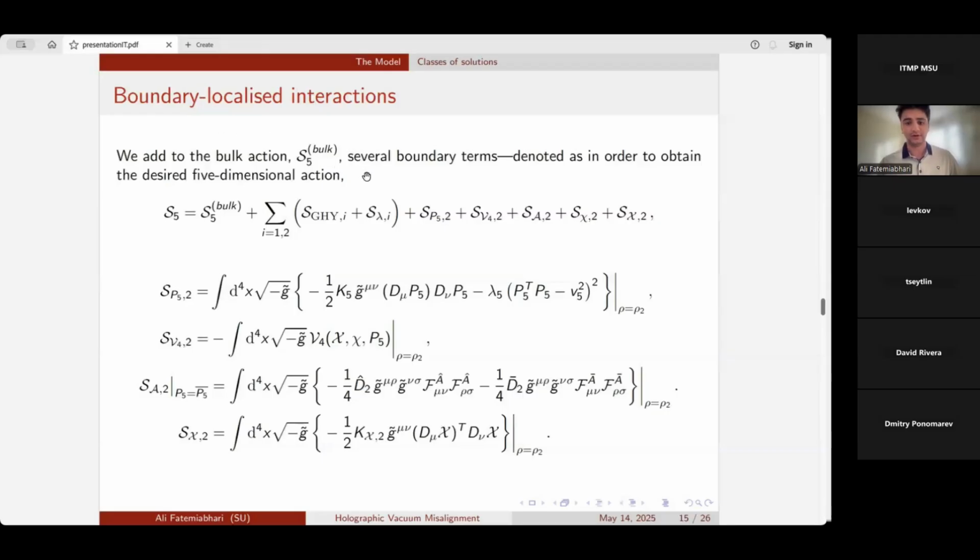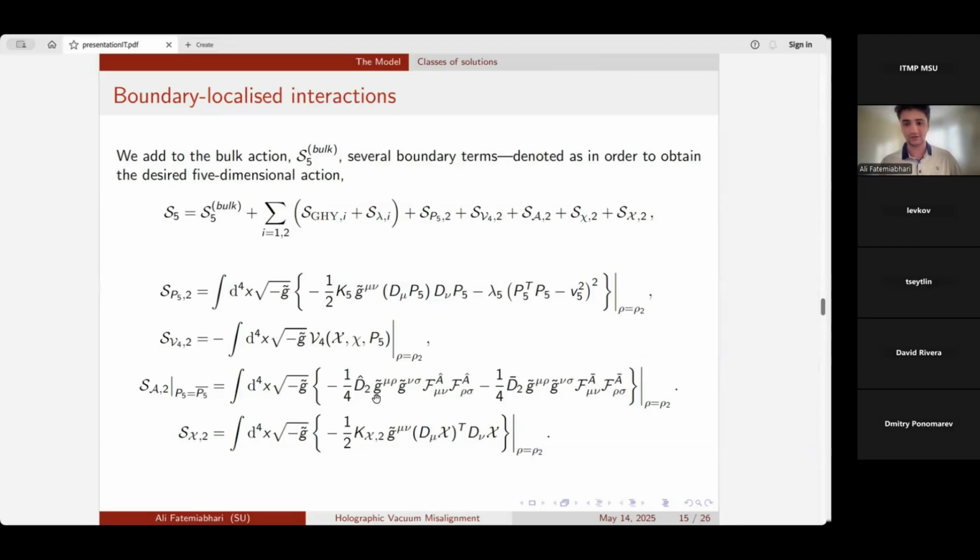So, for example, there are the famous Gibbons-Hawking terms and another term we call S lambda to absorb the infinities to have a well-defined variational problem for the gravity. And then we have some specifically chosen terms for our other fields.